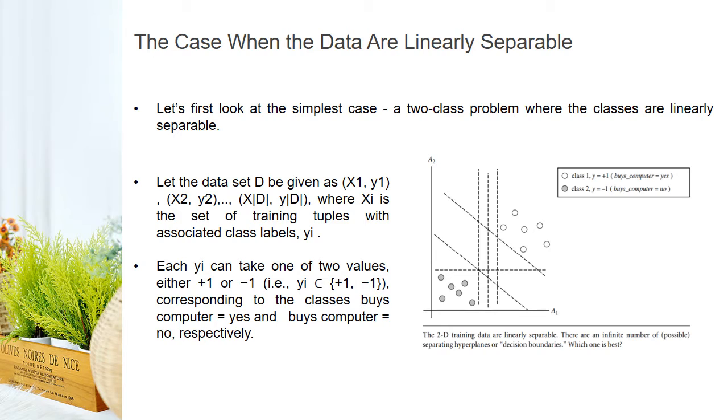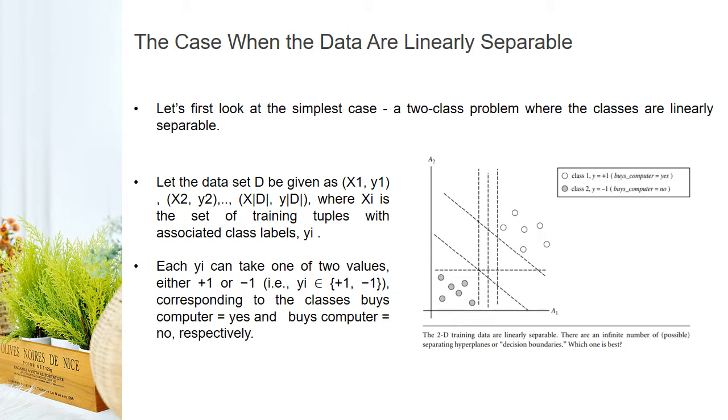Here we have different training tuples that are separated by using certain lines. Here the 2D training data are linearly separable. There are an infinite number of possible separating hyperplanes or decision boundaries. The separating line is called the hyperplane, or we can say a decision boundary.